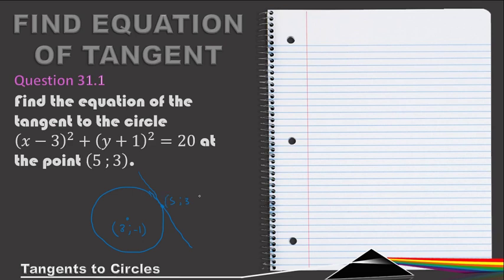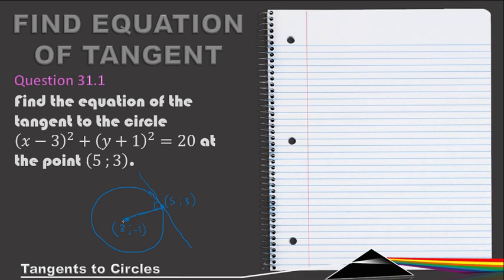Okay, so basically we can first start off by getting the gradient of this line from the center of the circle to the circle itself, and that line is perpendicular to the tangent that touches the circle at that point.